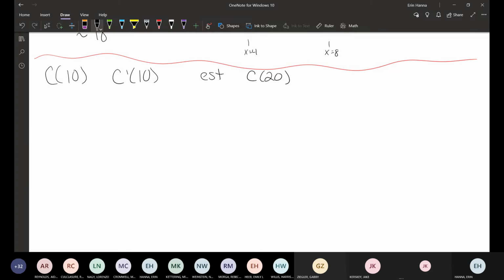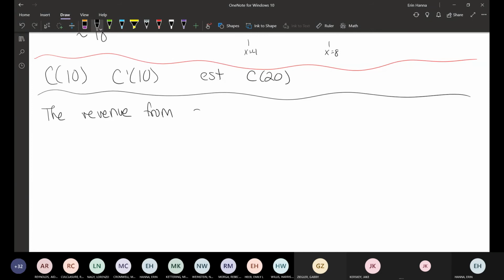Same thing. Okay, cool. So there is one that I want to talk about though. So say, maybe I'm not going to phrase this in the best way, but say we have something like the revenue from selling 99 items is 150.